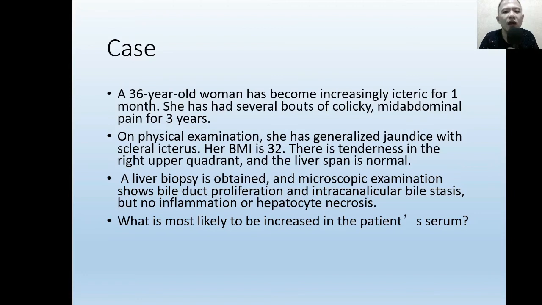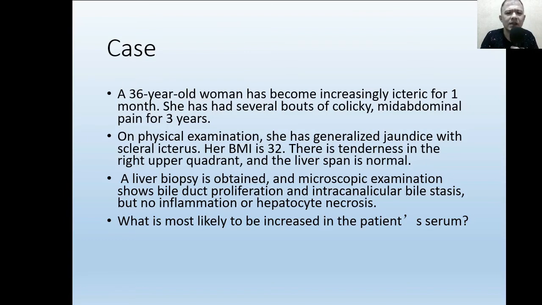Okay, so we have a case of a 36-year-old woman who has become increasingly icteric, or yellow, or jaundiced for 1 month. And she has had several bouts of colicky abdominal pain for 3 years. When it pertains to jaundice, we have 2 organs that we have to consider: more importantly, the liver and the biliary system, which includes the gallbladder.